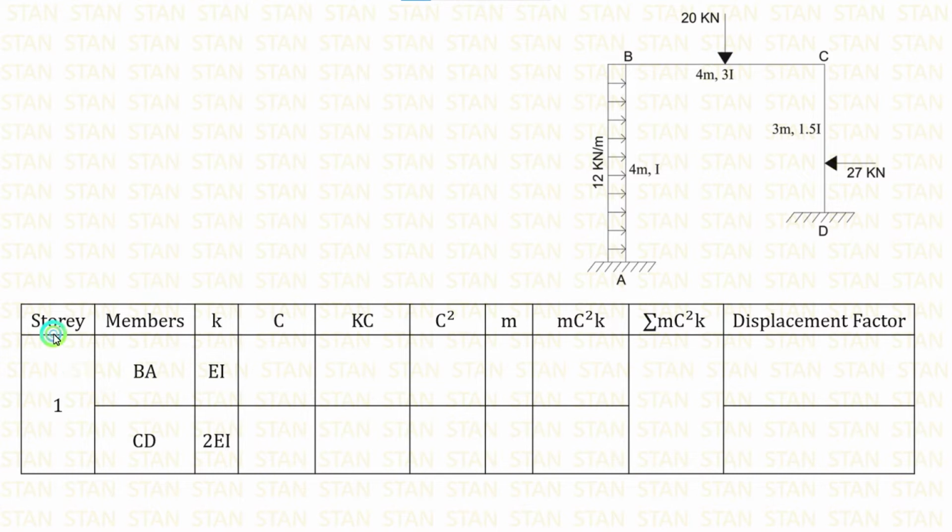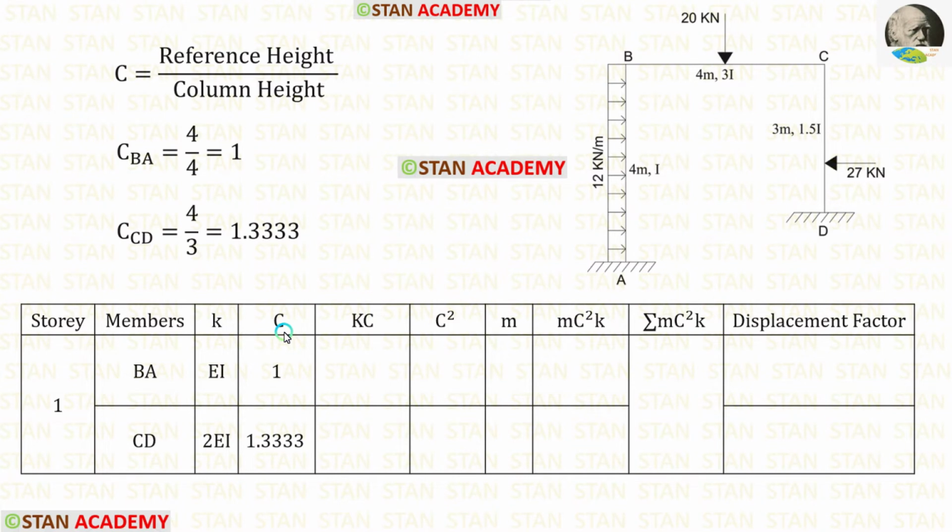First, let us enter story. In this frame, there is only one story. In this story, we have the columns BA and CD. Previously, we have calculated the stiffness for BA and CD. Let us enter them.